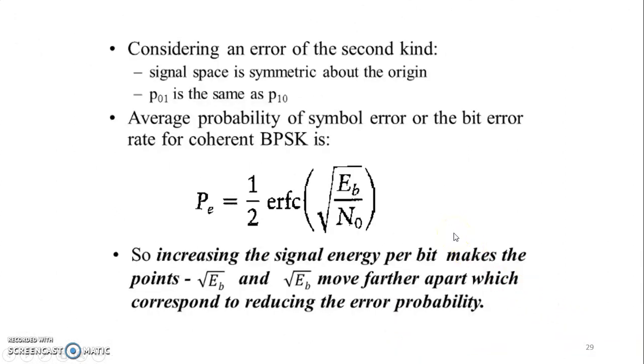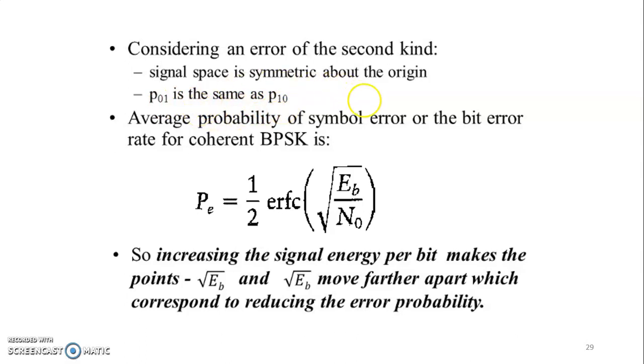Now we have calculated the error when 0 was transmitted and 1 is received. Similarly, we can calculate the error when 1 is transmitted and 0 is received at the receiver. Since the signal space is symmetric about the origin, P01 is the same as P10. Both the probabilities of error are the same.